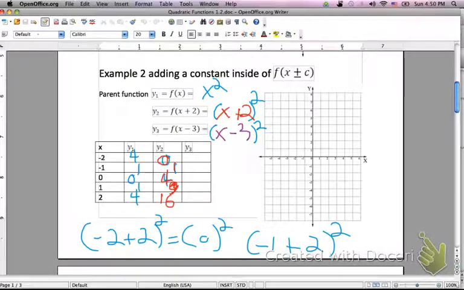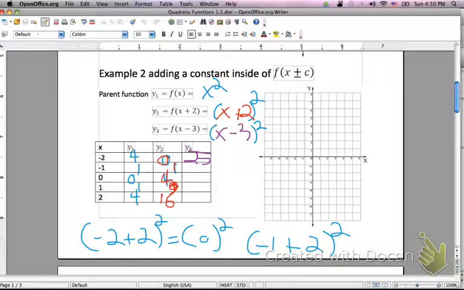And same thing here. Negative 2 minus 3 is the same thing as adding a negative 3. So I have a negative 5 squared, which would be 25. Okay, so adding a negative 1 and a negative 3, I get a negative 4.